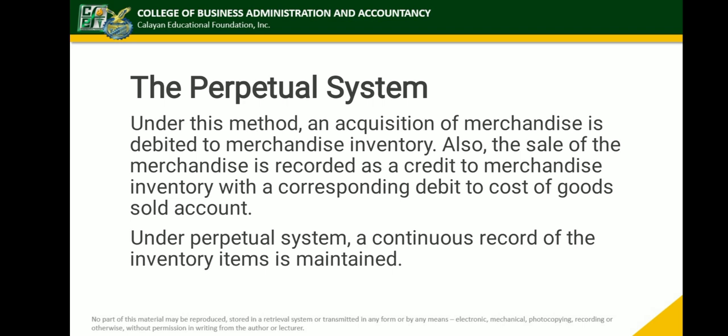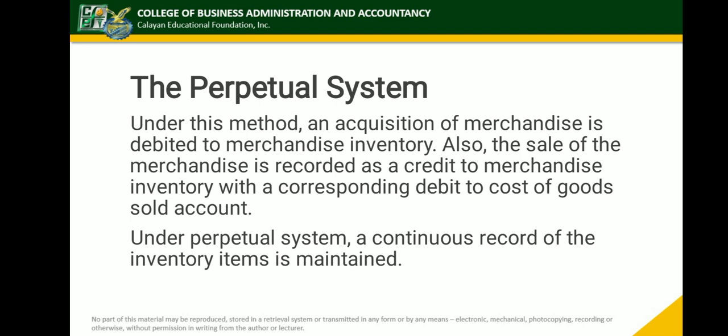So, every time na babawasan natin siya or papakita natin sa record natin na siya ay lalabas sa business natin, i-credit natin siya, with a corresponding debit to cost of goods sold account. Ang kapartner niya ay cost of goods sold. Walang cost of goods sold na nire-record kay periodic. Kailan lang nagre-record ng cost of goods sold kay periodic? Every end of the period. Kay perpetual, from time to time, nagre-record na kaagad tayo ng cost of goods sold.